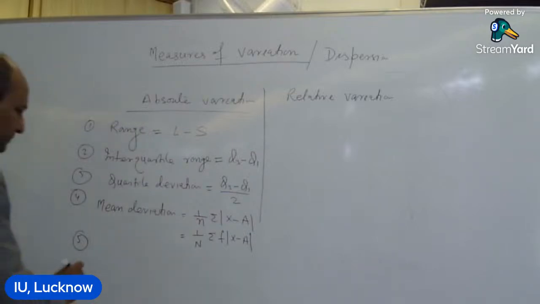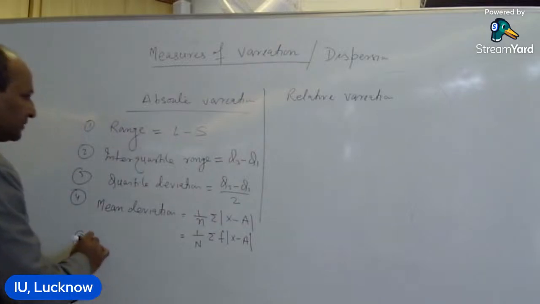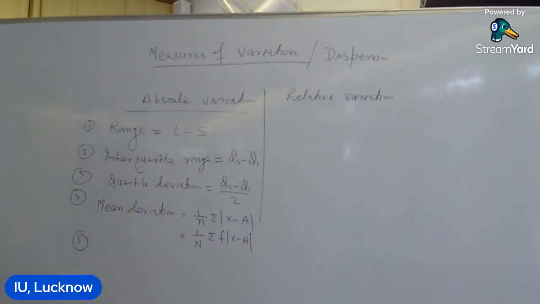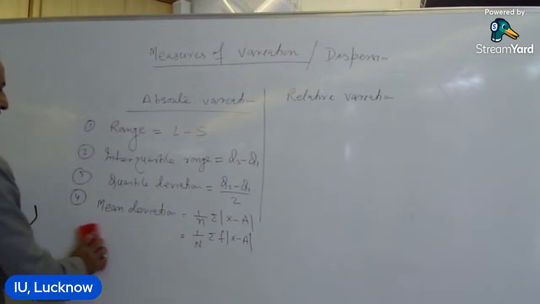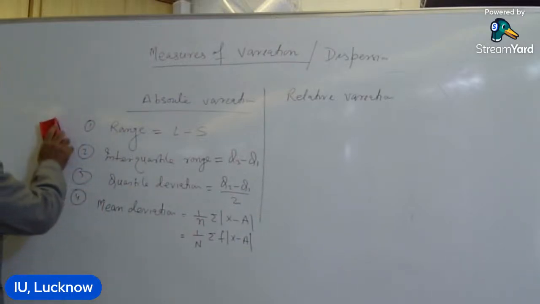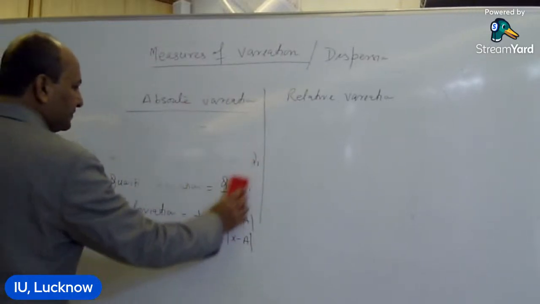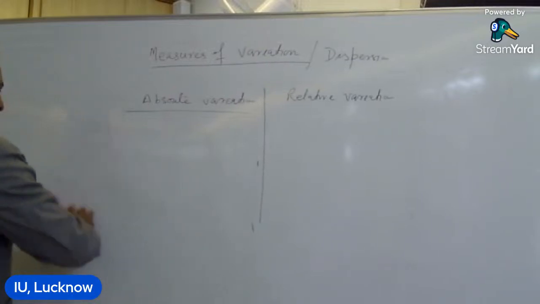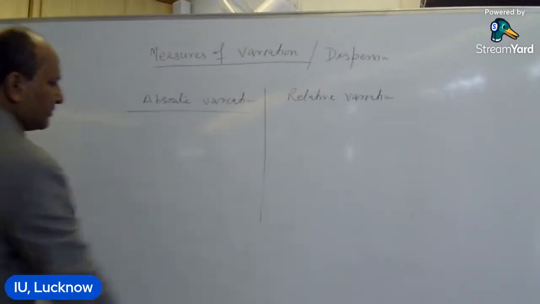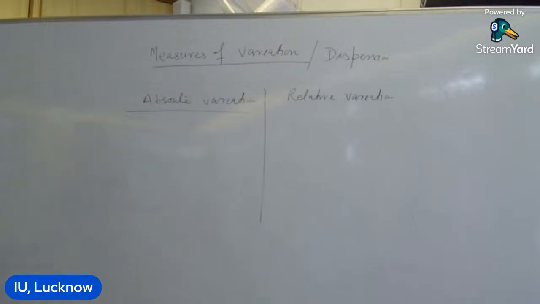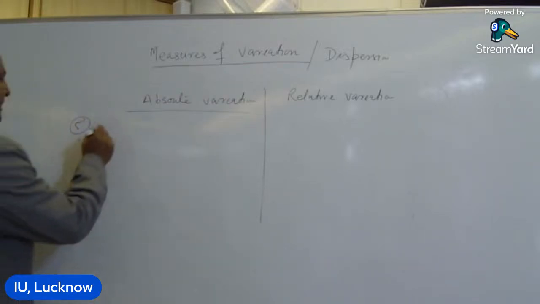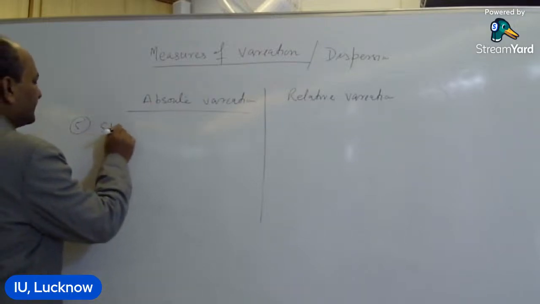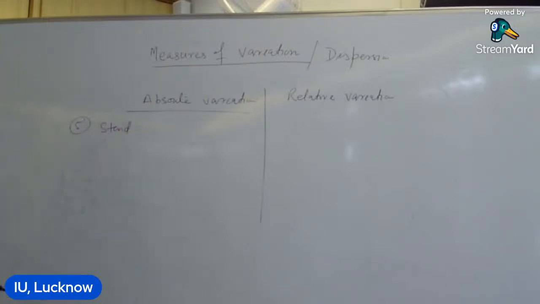The next measure we will use is standard deviation. The fifth one is standard deviation, and this is a very important measure of variation.